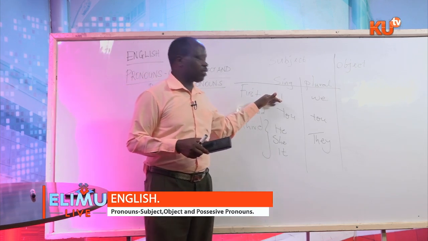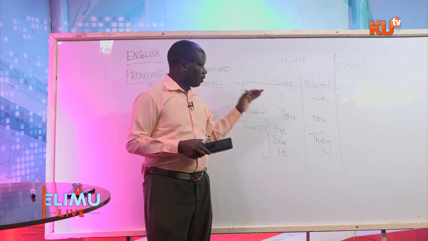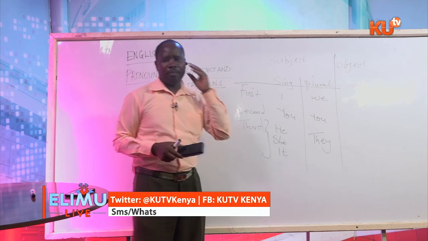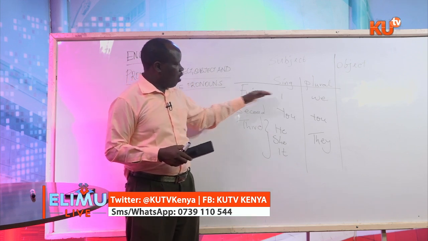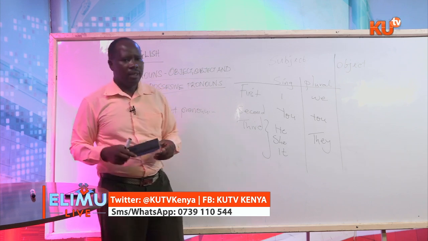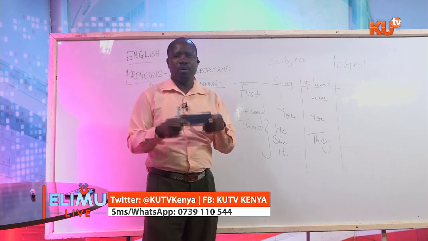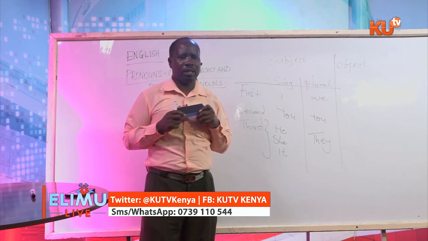I've said first person is the person speaking. Like I'm now the first person because I'm the person speaking. Now, under object pronoun, I can give an example and tell you, give that book to me. Because I'm the first person here, I'm the one talking.